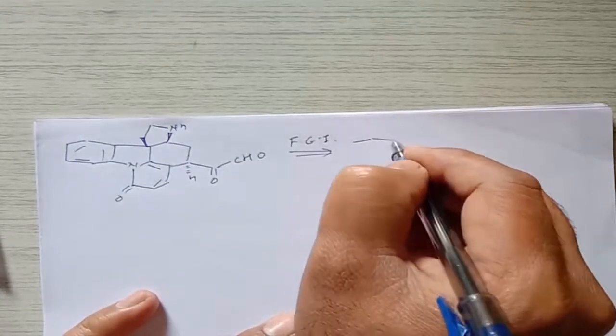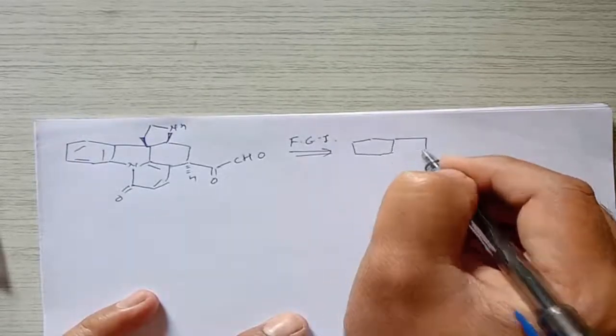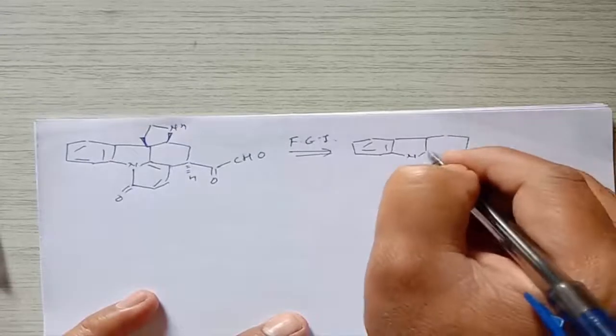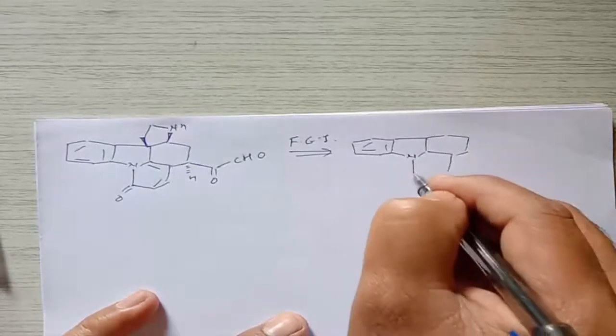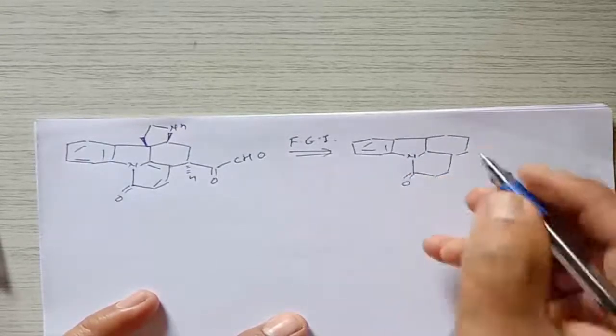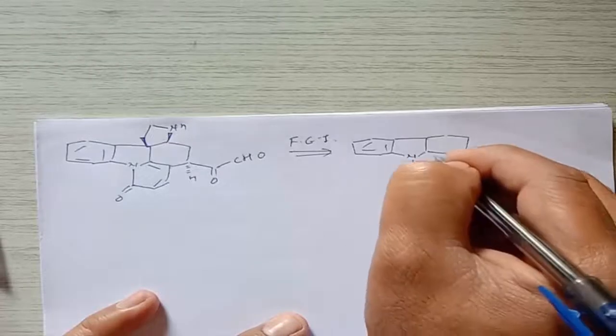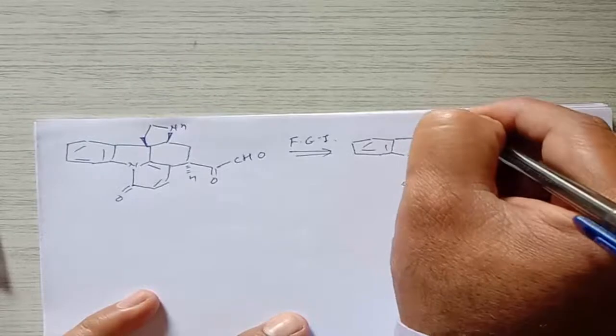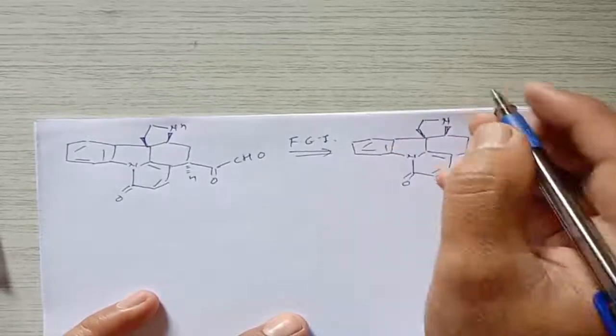So what we get here, this aromatic 6-member ring is the same here, then there is nitrogen, then here is a 6-member ring, the same here, then here is again a 6-member ring containing a carbonyl functional group, having a carbon-carbon double bond, and a nitrogen-containing 5-member ring, right?